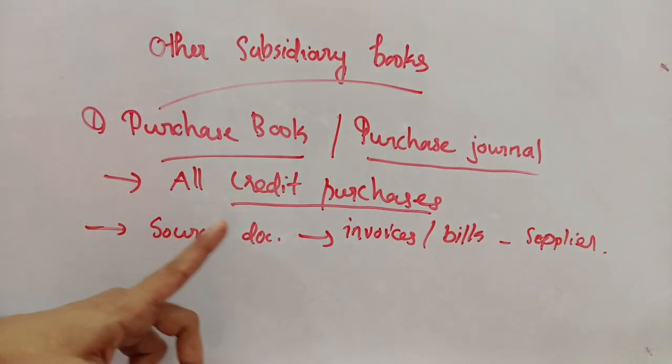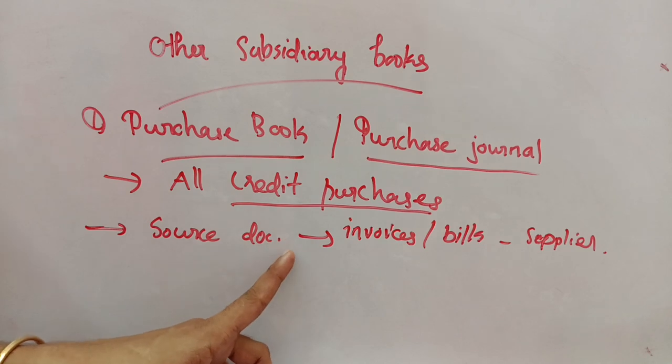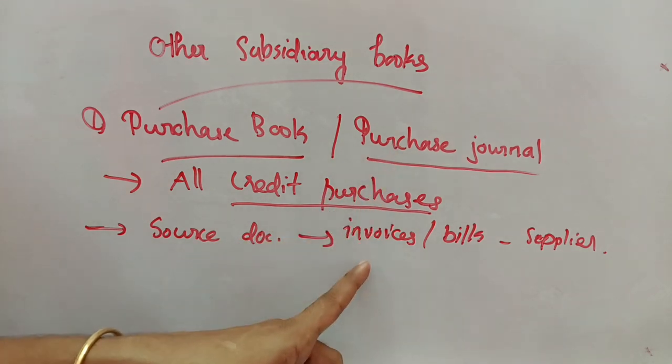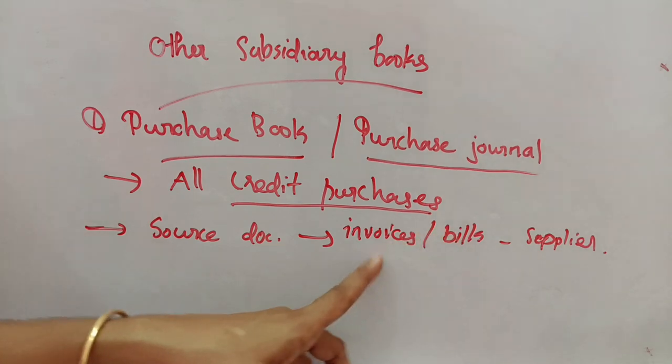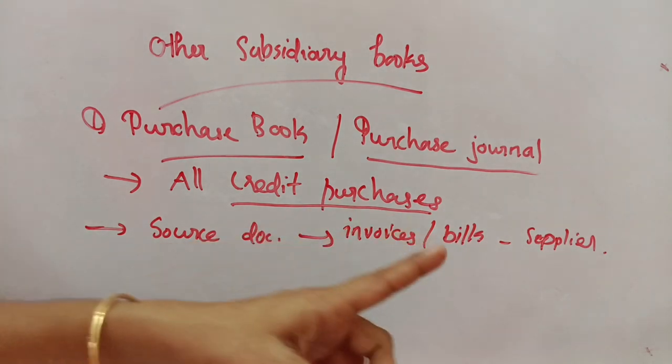The source document required for verifying the credit purchase transaction is the invoices or bills received by the business from the supplier.